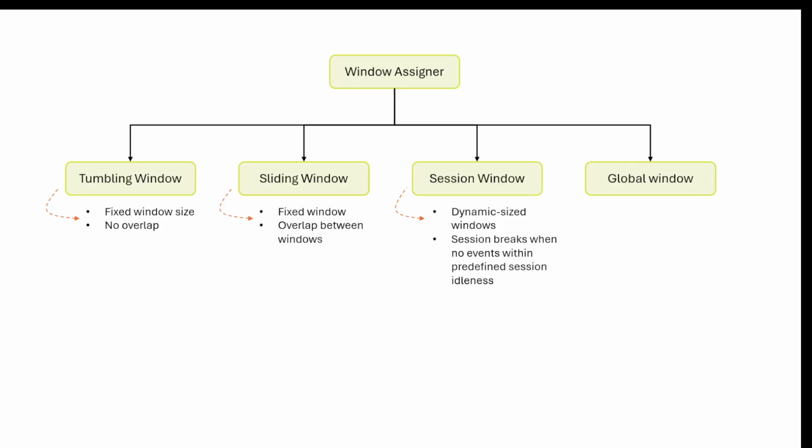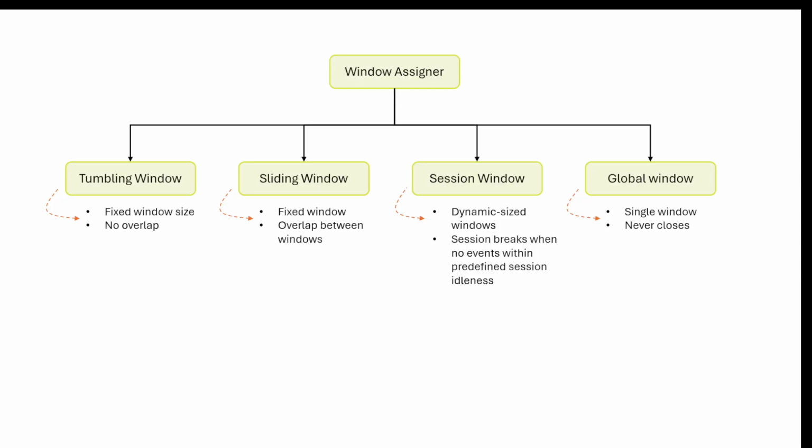Then we have another window, which is the global window. This is very seldom used in Flink processing. I have generally never used a global window in any production workloads. A global window is something which never closes, which means that it will be a single window and all the events will be part of that window.